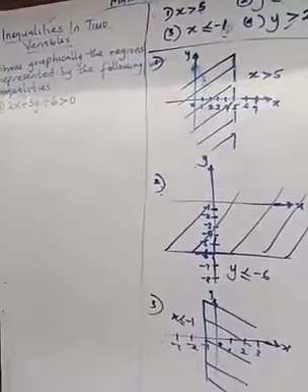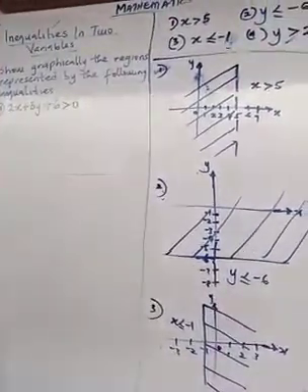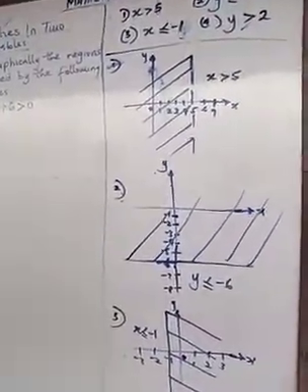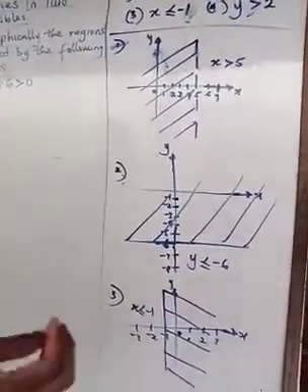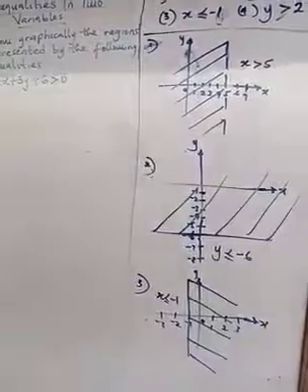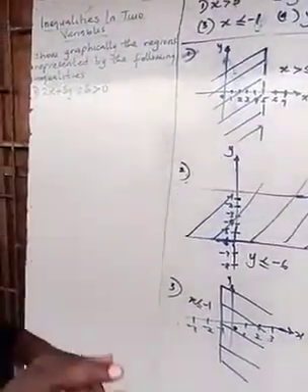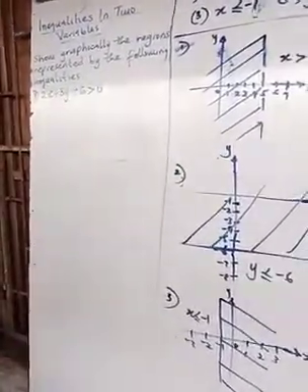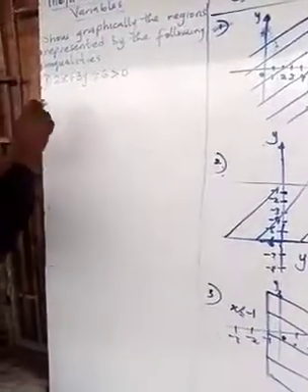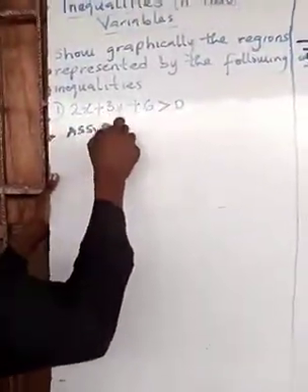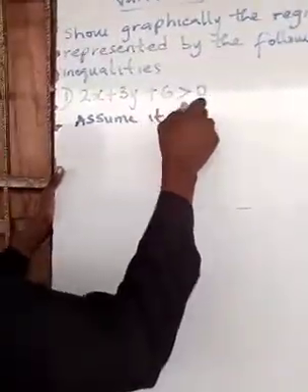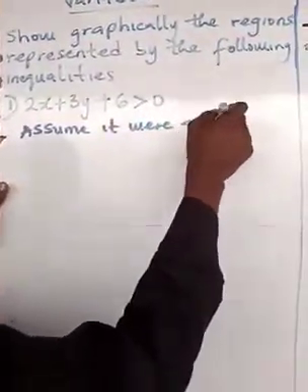Now if you want to do this, you would try and draw a straight line. And how do you draw a straight line? Once you have 2 points, 2 points is sufficient for you to be able to draw a straight line. So now you assume this were an equation.